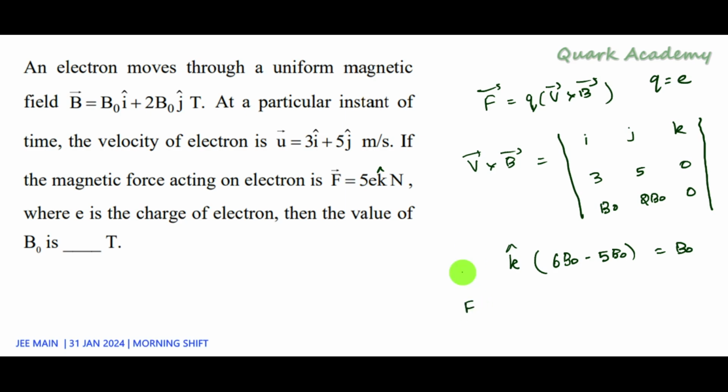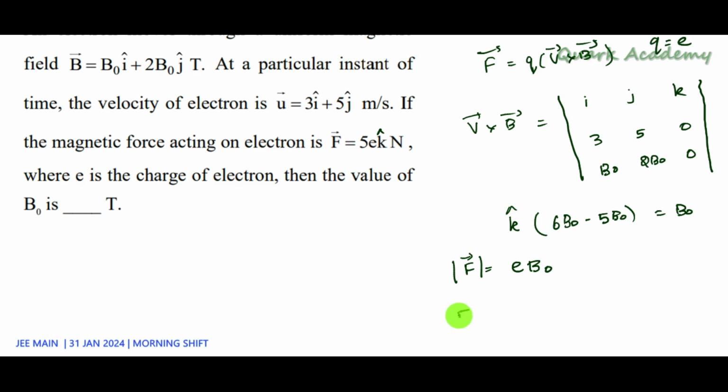So the magnitude of the force, we can write it as E into B0. And the force they have given in the question is 5E, which is equal to E into B0. So from this we can write B0 equal to 5.